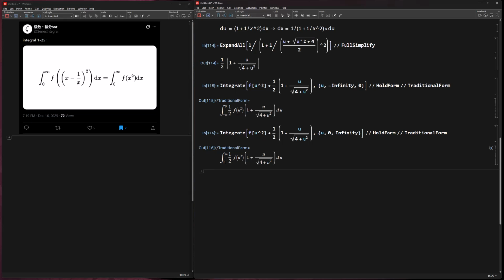For this integral, what if I replace u equal to minus v? Then u squared becomes v squared, and u becomes minus v, and v is from 0 to infinity.